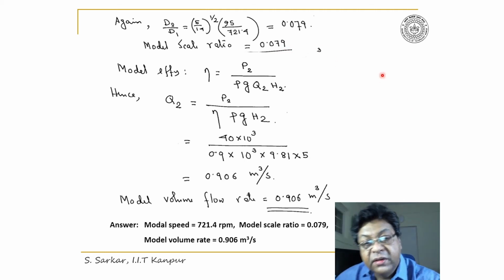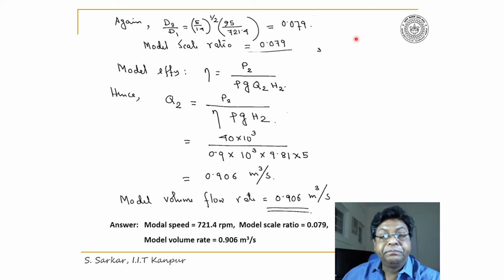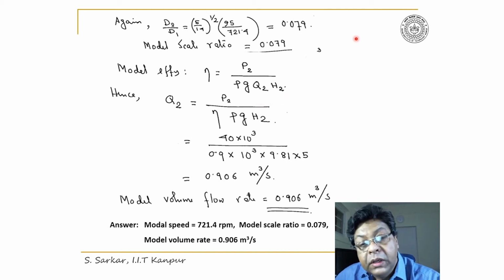The third, we have to calculate the model flow rate. Now, efficiency eta, I can write as P2 divided by hydraulic power, that is rho g Q2 into H2. So from this relation, I can express Q2, that is flow rate through the model, equal to P2 divided by eta rho g into H2.